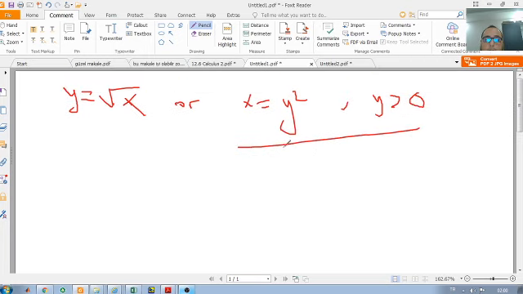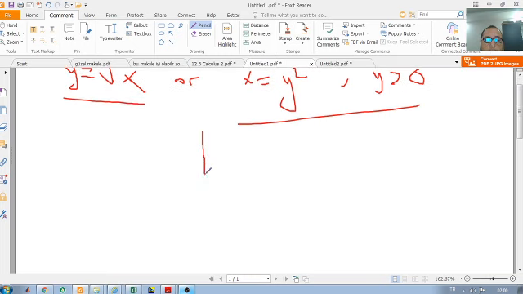We can consider this one or this one, they are equal to each other. In a three-dimensional coordinate system, this is the x-axis, this is the y-axis, and this is the z-axis.